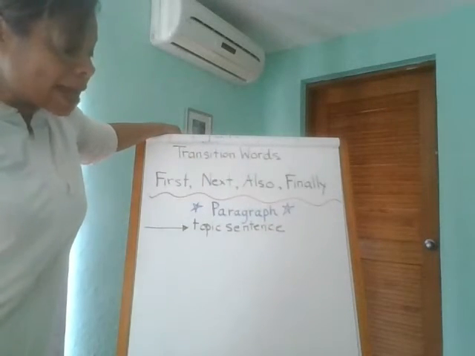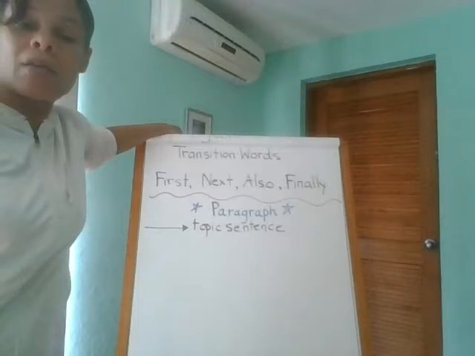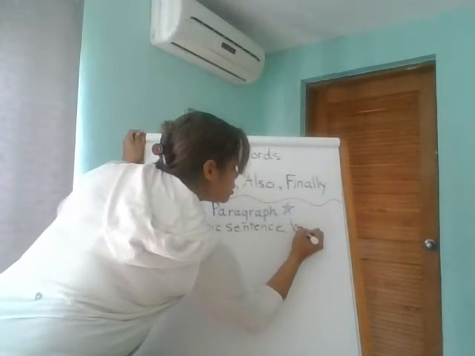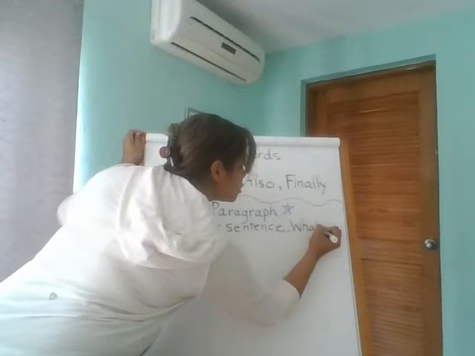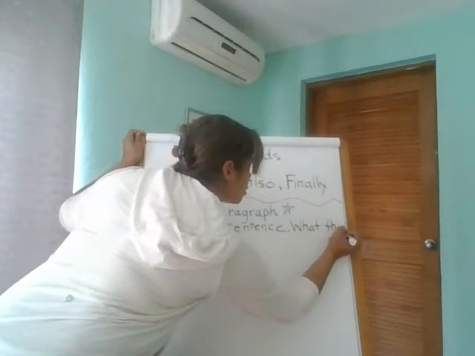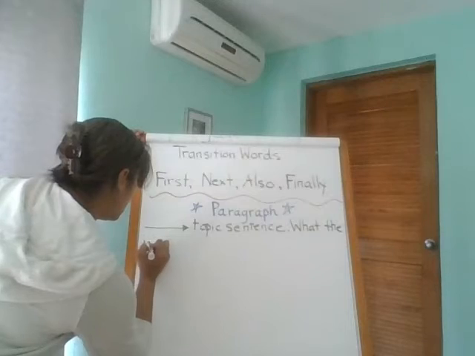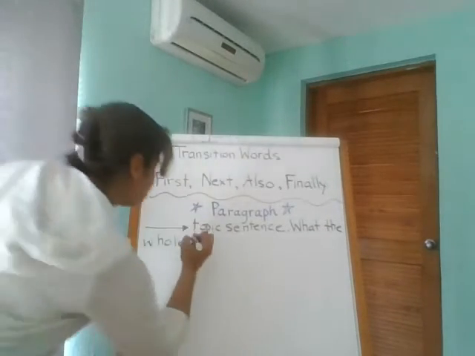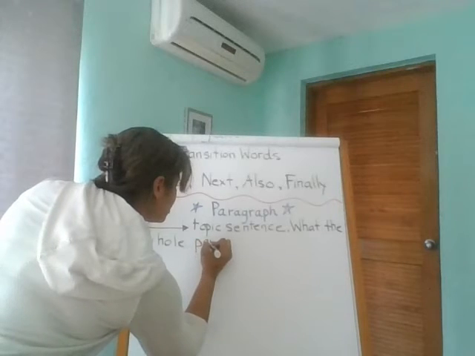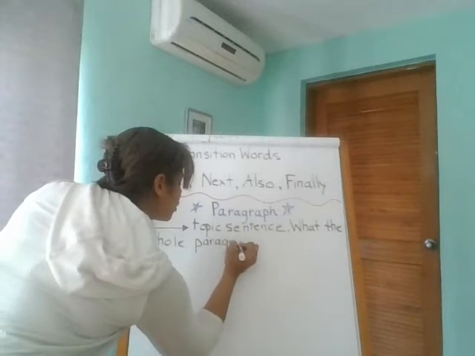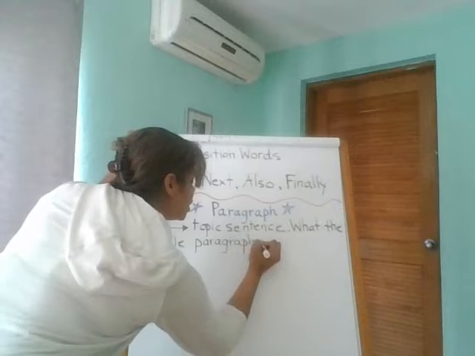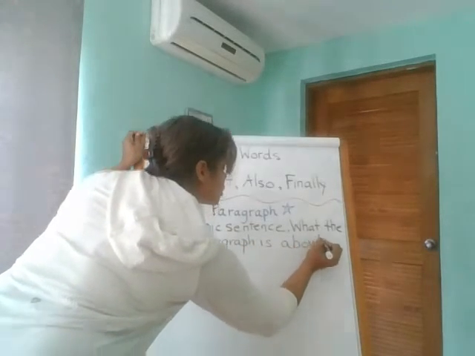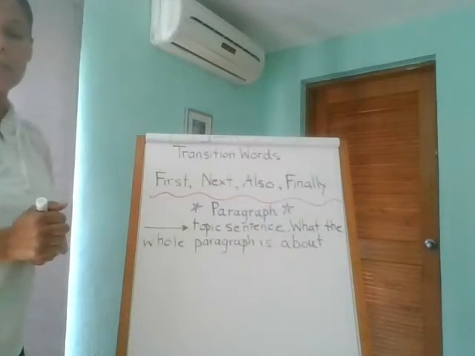And your topic sentence, this is what your whole paragraph is about. See how I came over on my next line? Okay, put me on pause so you can write that down.